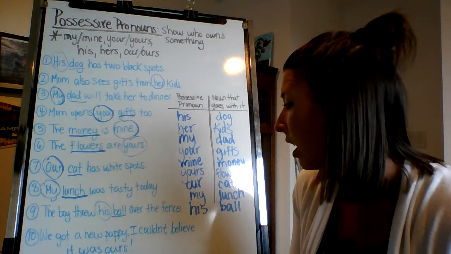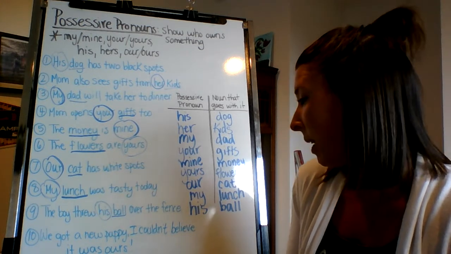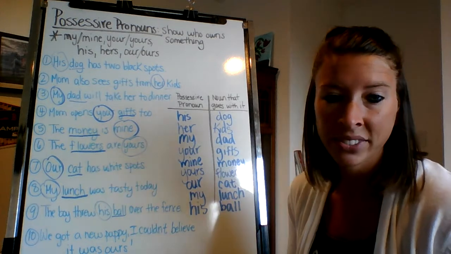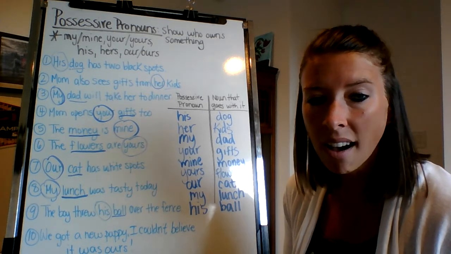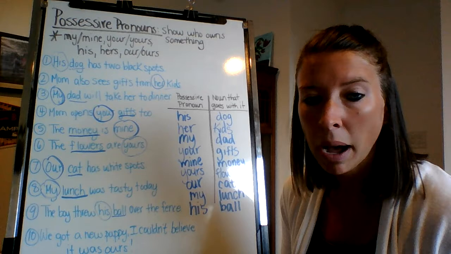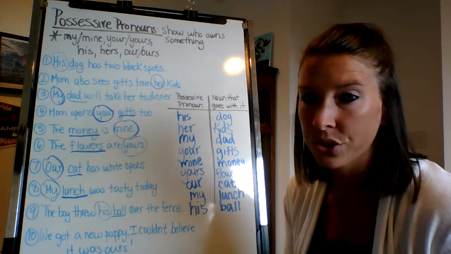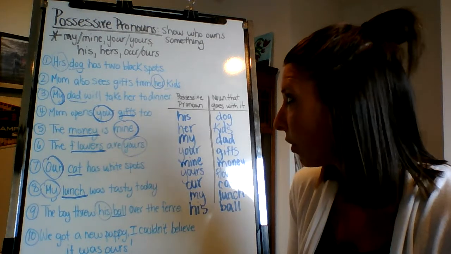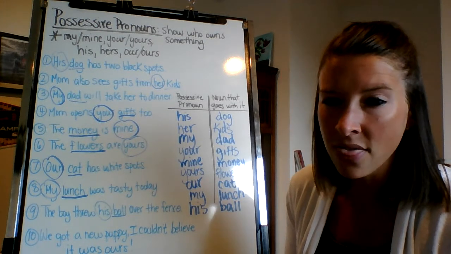Last sentence. It's a long sentence, so listen carefully. Read it together first. We got a new puppy. I couldn't believe it was ours. This one might be a little bit trickier. Let's find the possessive pronoun first. Where is the possessive pronoun in that sentence?